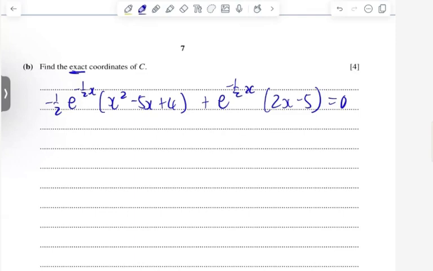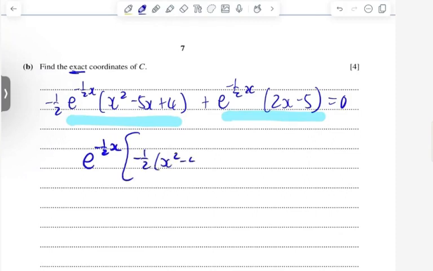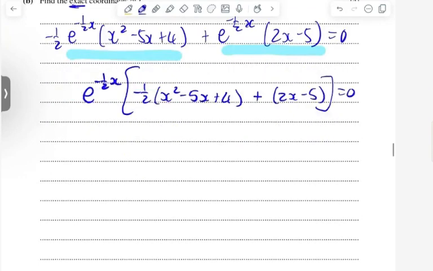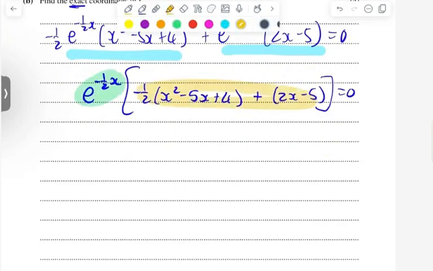I can see I've got 2 terms here, and each term has an e to the negative half x. So I'm going to take out that term, and I'm left with minus a half, and then my whole bracket, and my other bracket. Okay, so now I've got 2 factors, one over there and one over there.